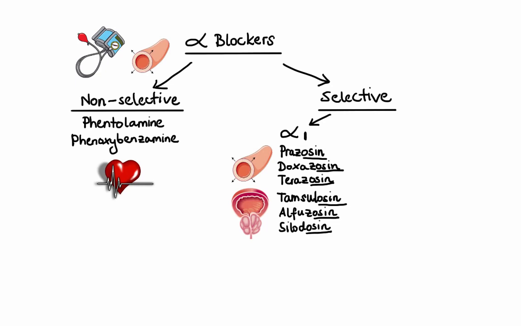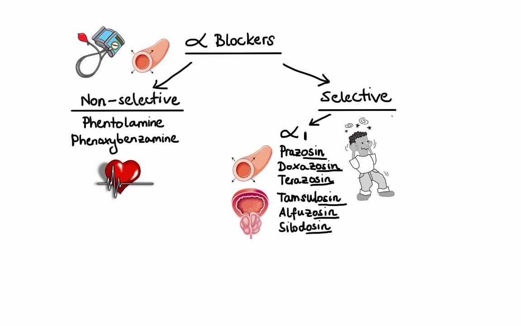And this is because these agents have increased selectivity for alpha-1 receptors in the prostate, specifically alpha-1A subtype. Now, when it comes to side effects, orthostatic hypotension is one of the main concerns when initiating alpha-1 blocker, although it's not as severe as that observed with non-selective alpha blockers. Additionally, vasodilation produced by alpha-1 blockers can lead to headaches and nasal congestion.